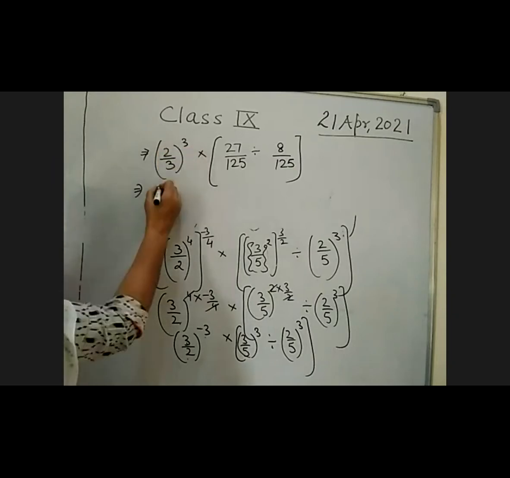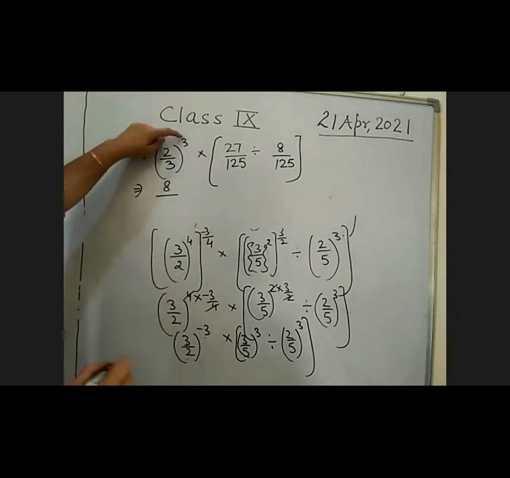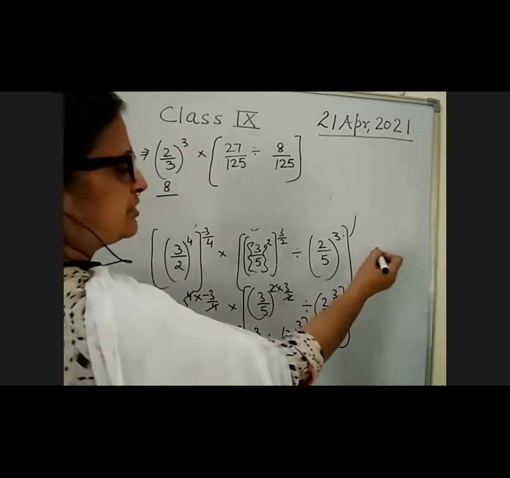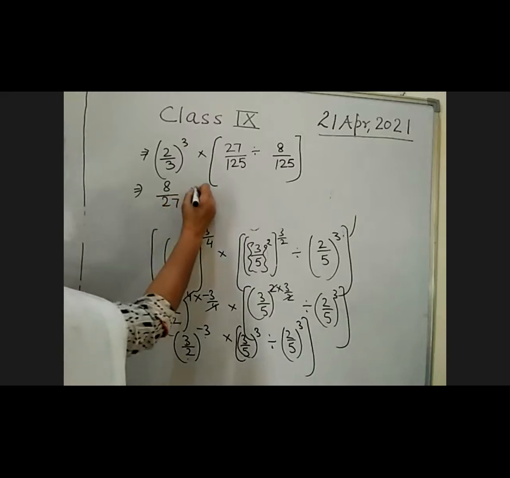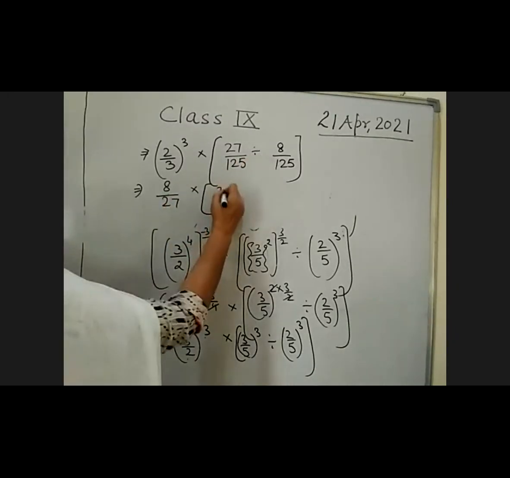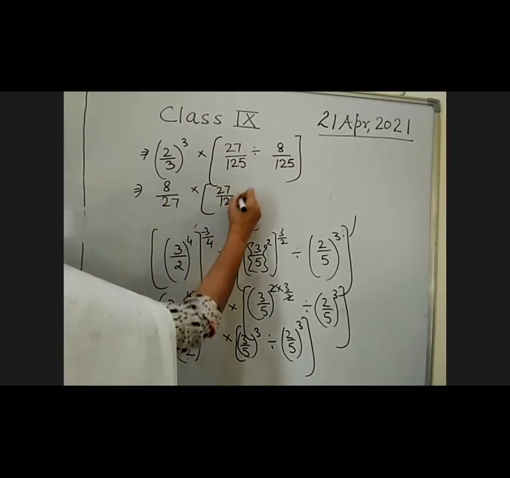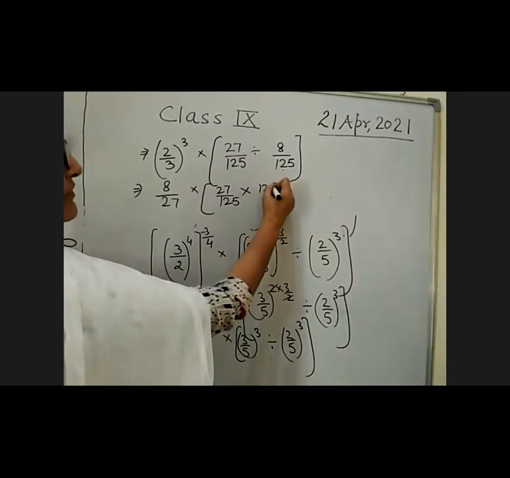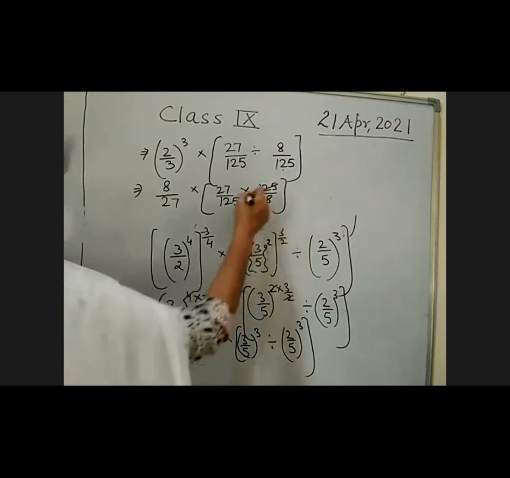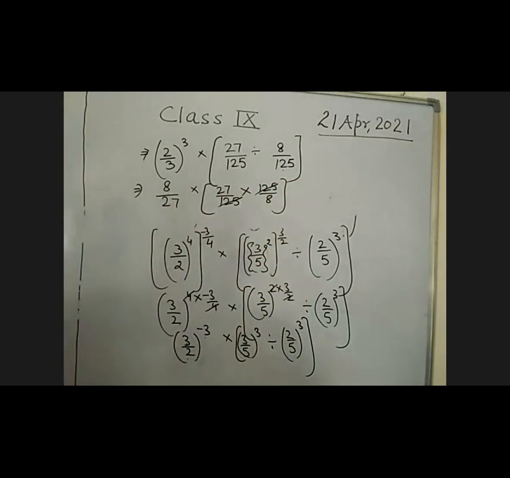So 2 raised to the power 3 means 2 into 2 into 2, which is equal to 8, and 3 raised to the power 3 is equal to 27. And this divide sign is given, so multiply and take the reciprocal of this number. 125 cancels with 125.